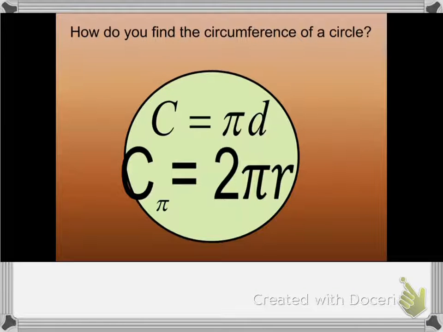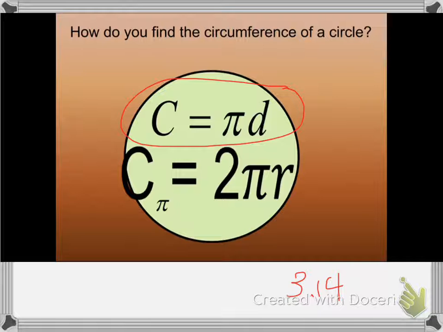When we talk about circumference, we're going to be using 2 formulas. If you're given the diameter, you would use this formula here. Circumference equals pi times diameter. So you simply multiply pi times the diameter. And pi, for our purposes, we're going to be using 3.14 for pi.